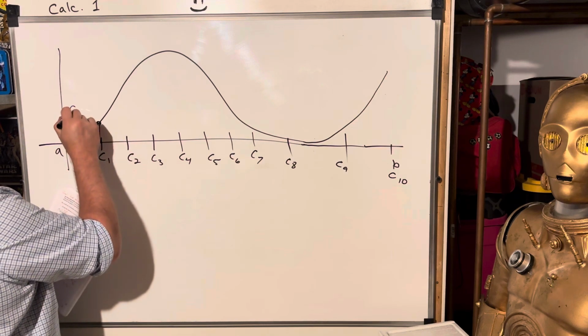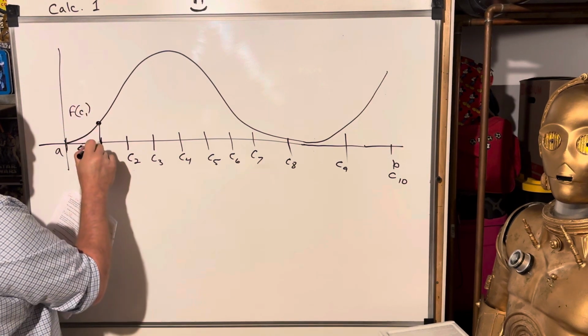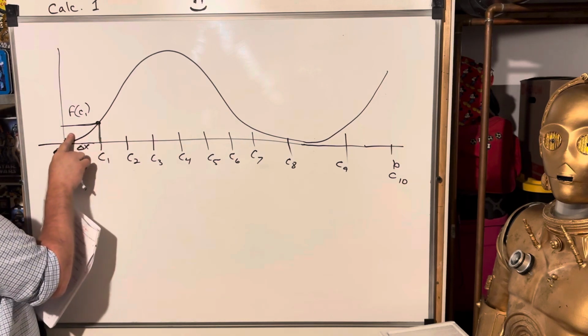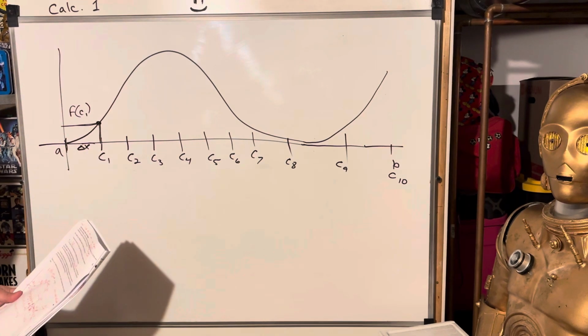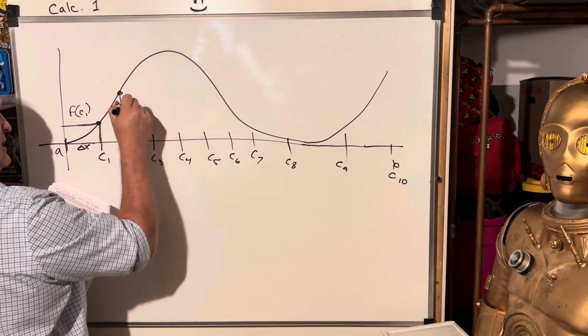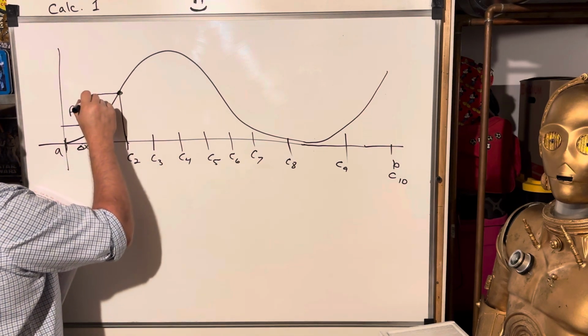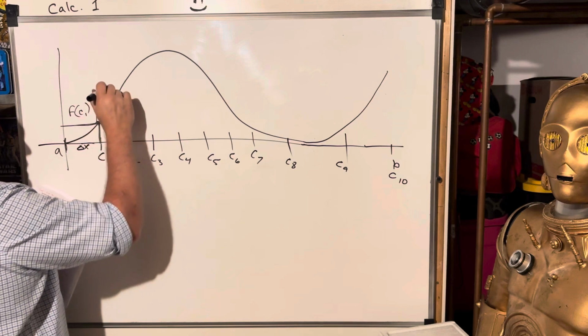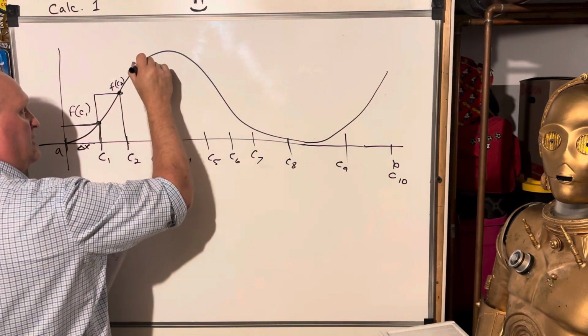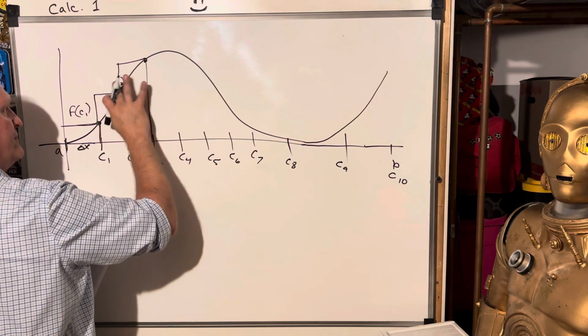That's f of C1. But now look, this is an overestimate because it's above the curve. I get all this extra area above the curve. All right, so this is going to be an overestimate. I go up to there, but then I make a rectangle go across the top, and then all this extra area, that's f of C2, and that's f of C3.